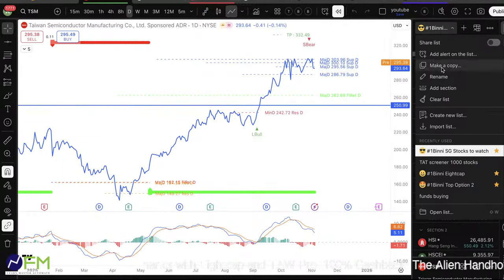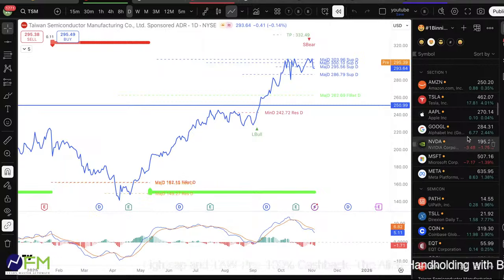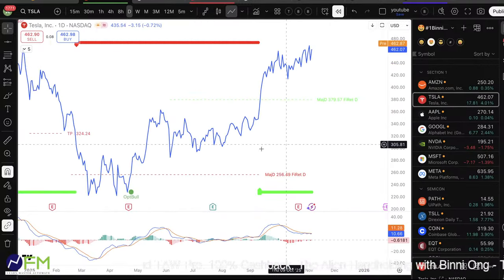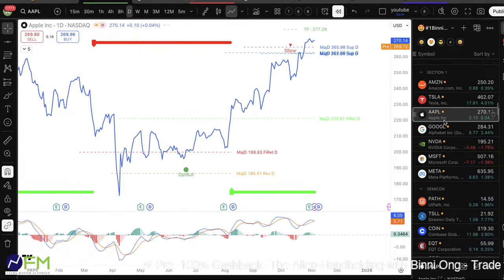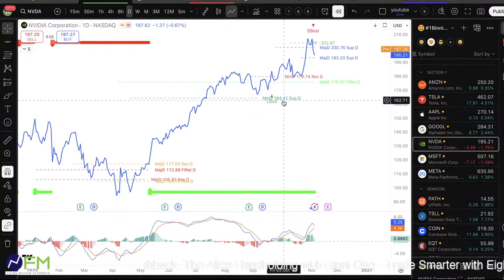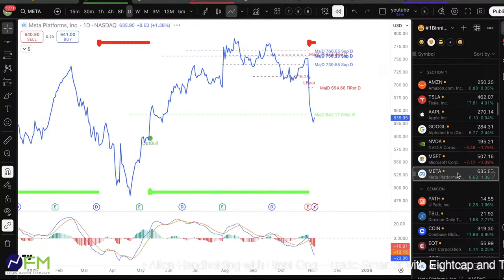For example, this would be my US watch list. And then I will just browse through, like Amazon. Oh yeah, there was a signal here. Tesla, a signal here. And then we have Apple, a signal here. And then we have Google, another signal here. And then we have Nvidia here, and then we have Microsoft here, and then we have Meta.